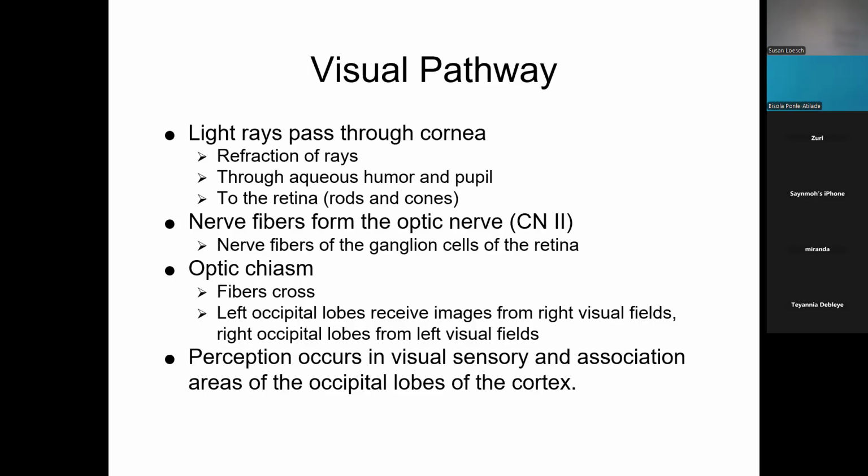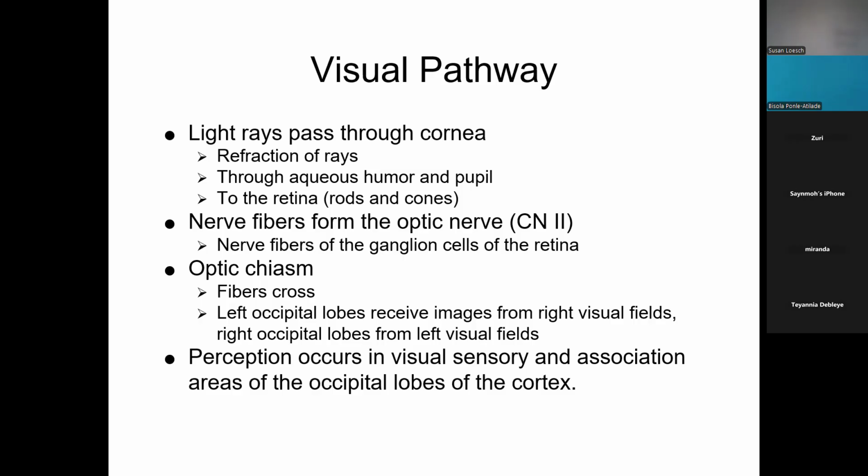The light rays are moving through the cornea where they're refracted through the aqueous humor and the pupil. The lens curvature will help adjust to refract the light rays so that they converge on the retina, and that provides that sharp image of the object that you're seeing.